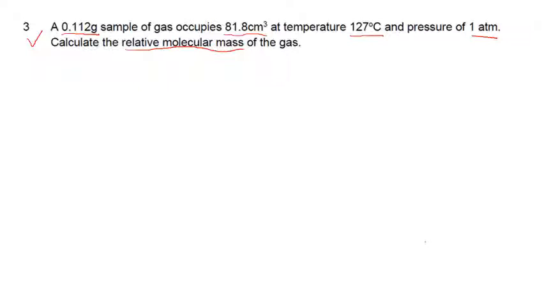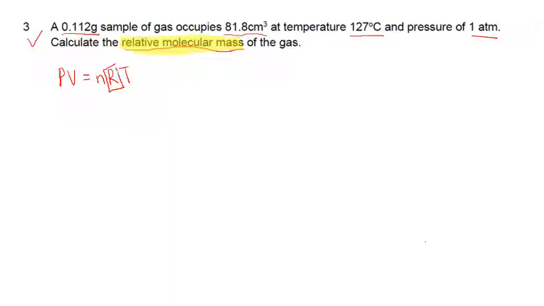Another key point is that we are going to use the ideal gas equation because the question asks us to look for the relative molecular mass. If you are involved with the relative molecular mass, we are going to use the ideal gas equation. The ideal gas equation is PV equal to nRT.